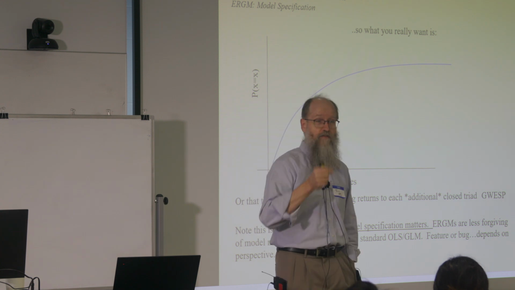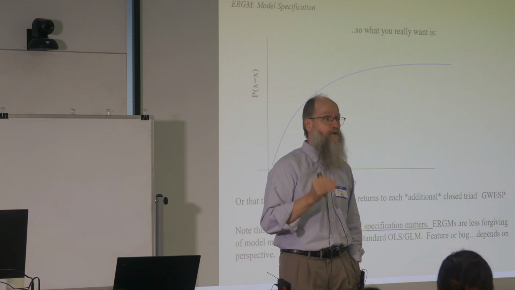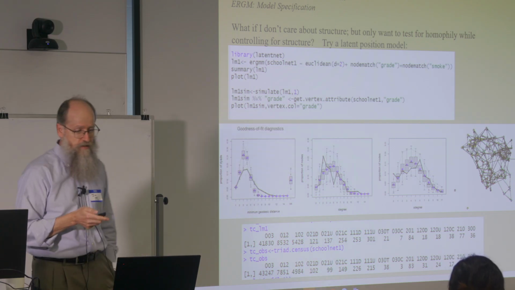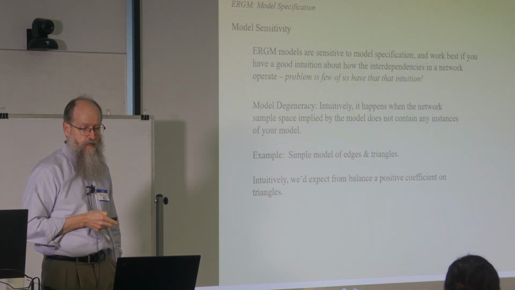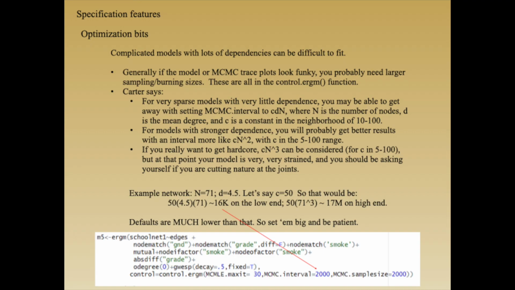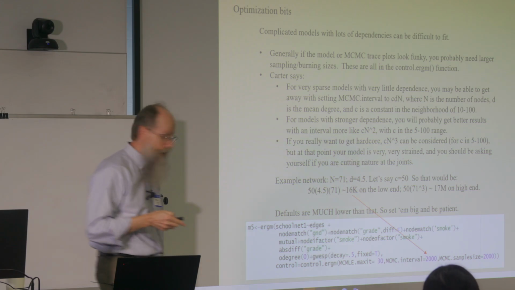But that means the default you're using is probably too small. So when you specify these models, there are a series of control parameters, where you want to take the interval and the sample size and things like this and jack them up through the roof, because the defaults are too small and you will get unstable estimates. So just something to know about.